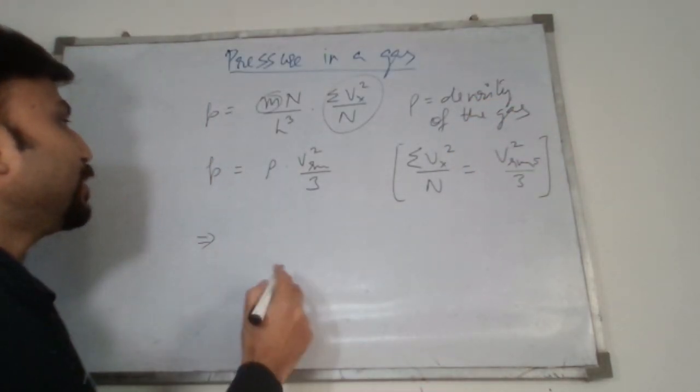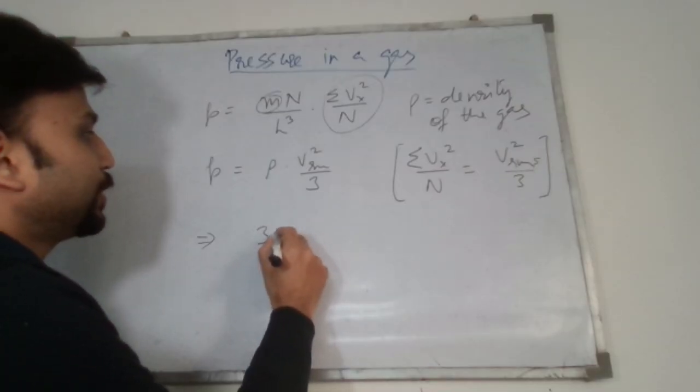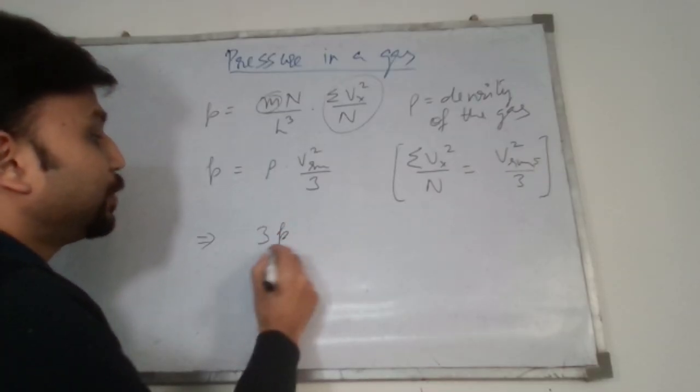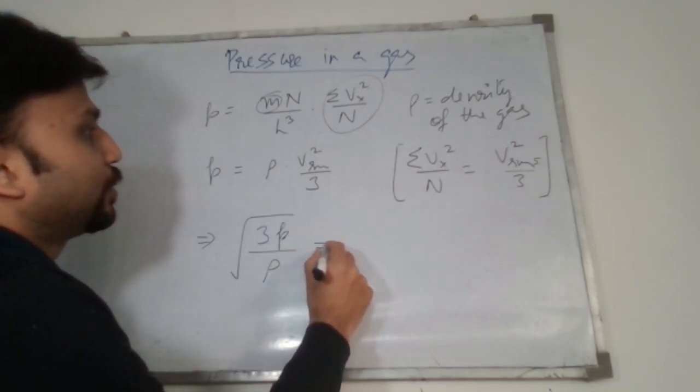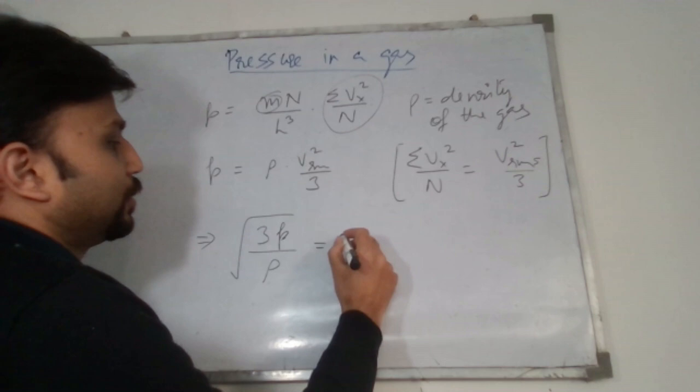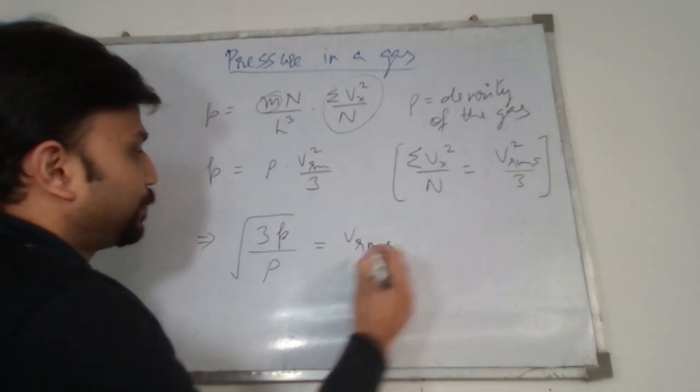So the final expression which we have is: square root of 3P divided by rho is equal to Vrms.